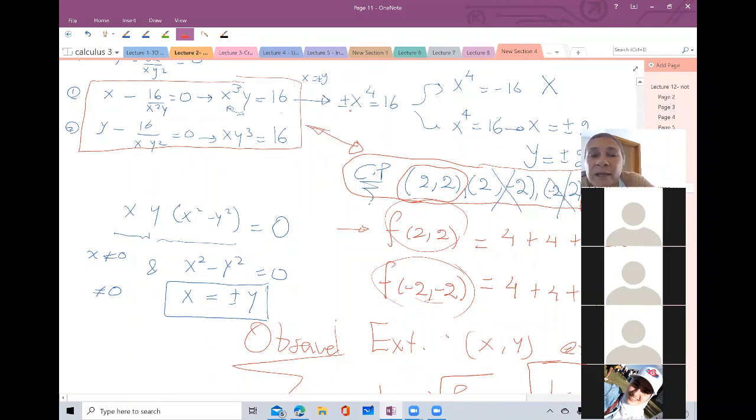I go back again to verify, check, double check. If you put opposite signs, 2 and -2, what will they give you? They give -16 here, which is equal to 16, which is wrong.